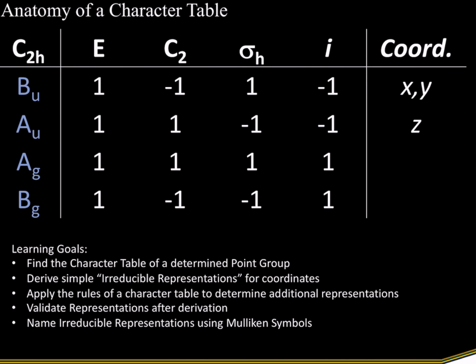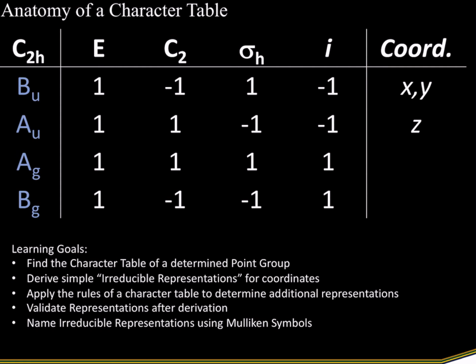So let's revisit our learning goals, right? We can look up and find character tables using our chart, our giant list of character tables that was provided to you. We can derive some of these simple irreducible representations for our coordinates. This is something we're going to be applying moving forward as we look at orbitals and start to dig a little bit deeper into how we can construct what we call reducible representations.